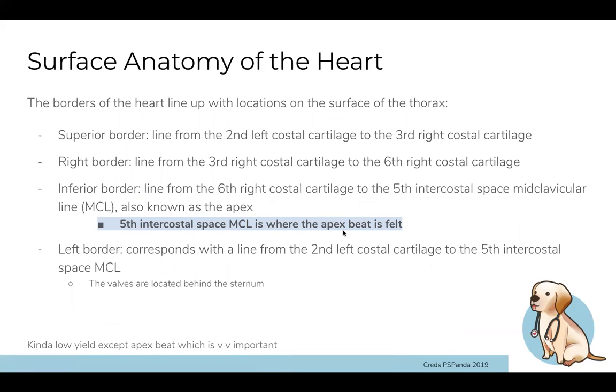The reason why this is important is if you actually feel someone's chest and you go to the 5th intercostal space at the midclavicular line, you're supposed to be able to feel their heart. Worst case, you take your stethoscope and put it there, and you will be able to hear the apex beat at that point.